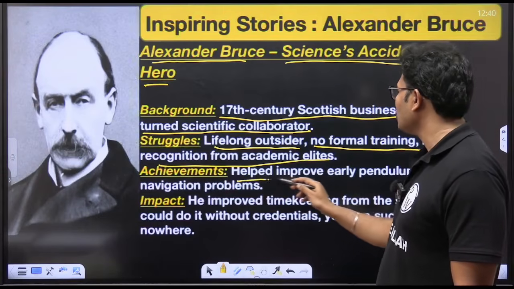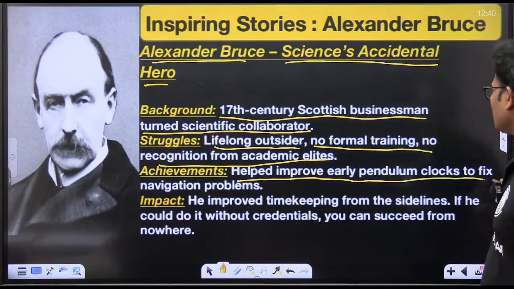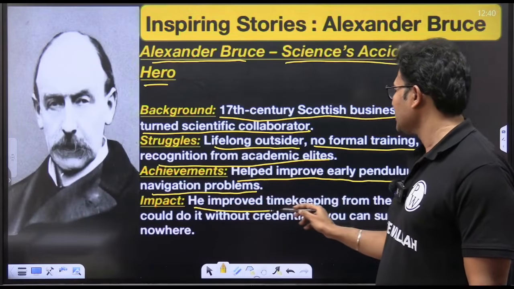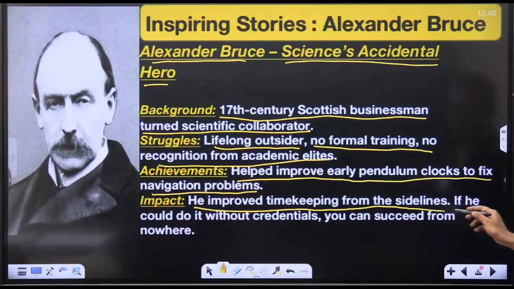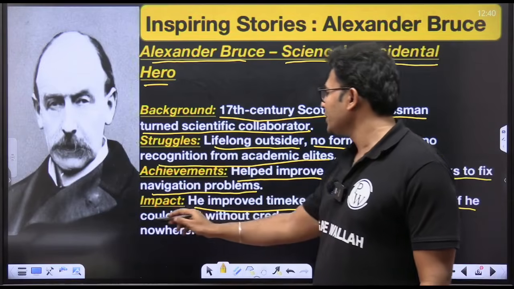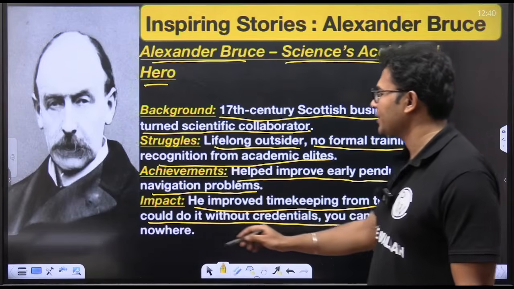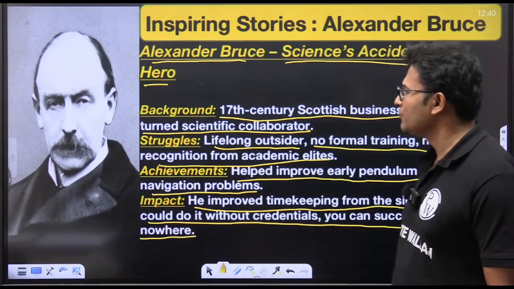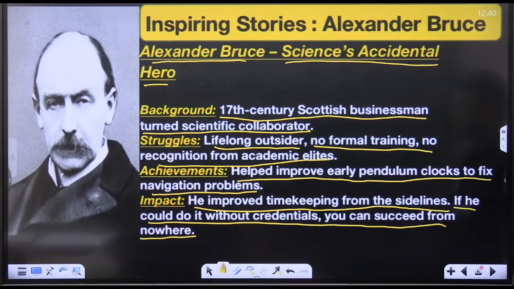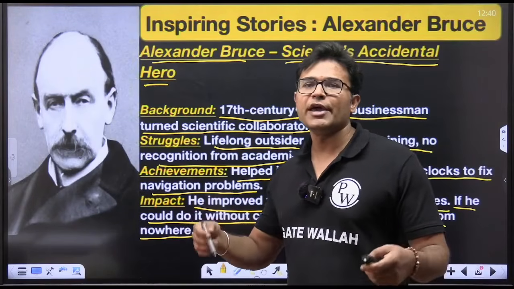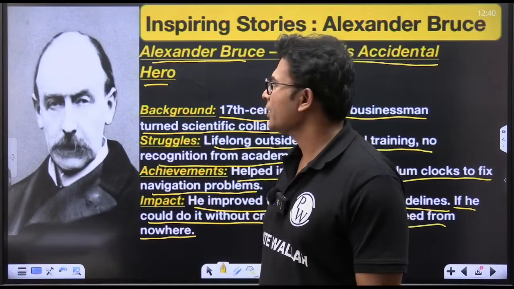He helped improve early pendulum clocks to fix navigation problems. He improved timekeeping from the sidelines. If you could do it without credentials, you can succeed from nowhere. So if he could do it without any formal education, with the kind of support you have, you should be able to achieve even more.